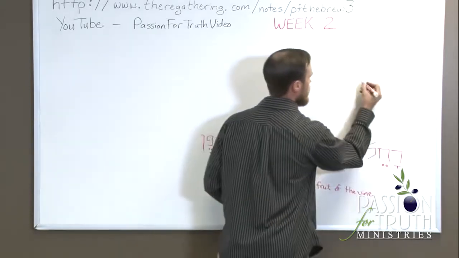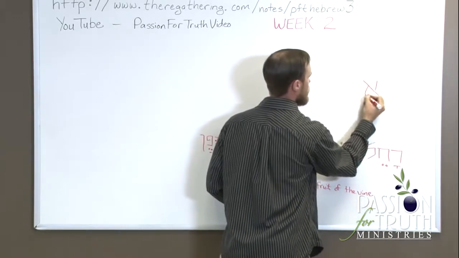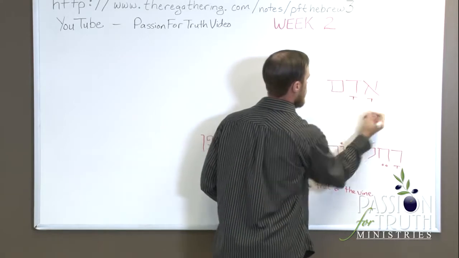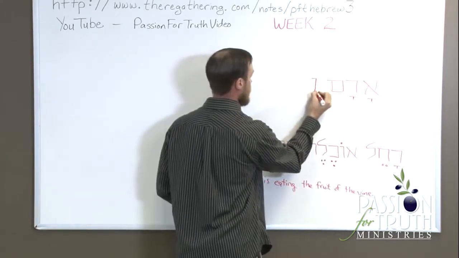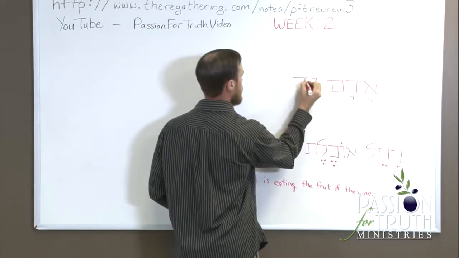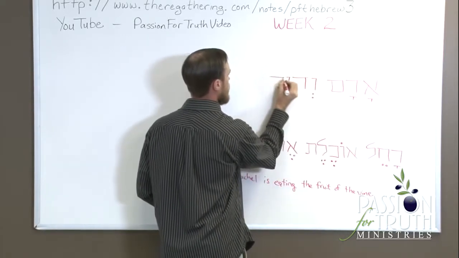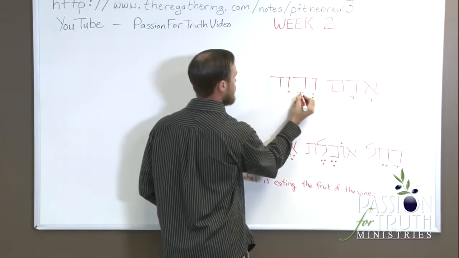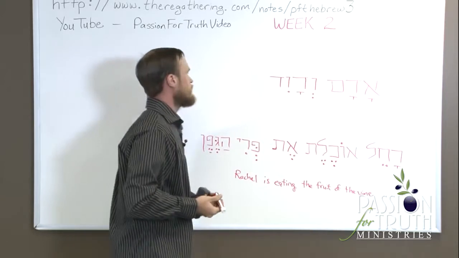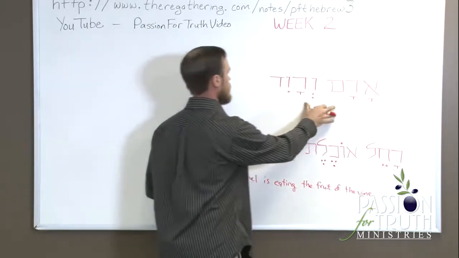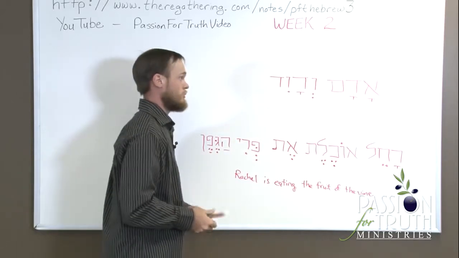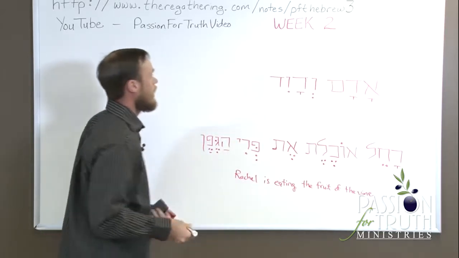Okay? We've got Adam and David, with our prefix vav. Okay, so Adam v'David. They're both building a house, so both of these men are the subjects. So we've got subjects, plural, and they're both masculine.